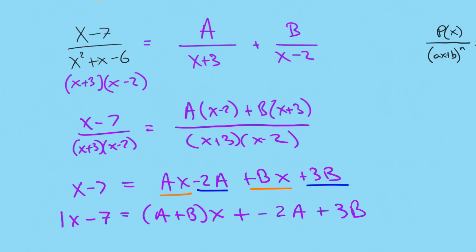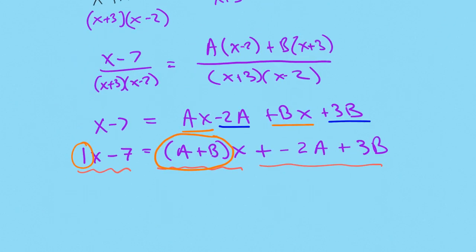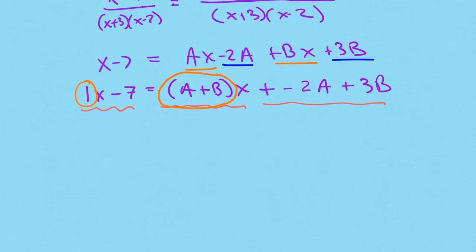And now to solve this, it's actually kind of cool. We have this expression, 1x minus 7, equal to something x plus something. Well, those coefficients have to be equal. The 1 right here has to equal the coefficient on this side. So I end up being able to write an equation where I match up the coefficients.